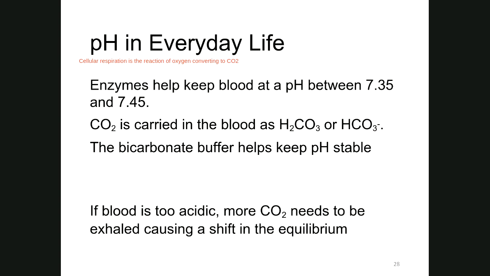That's what we exhale. We inhale oxygen, we exhale carbon dioxide. So in order for us to get rid of that carbon dioxide, it has to be carried through the blood. And so it gets carried through the blood as one of these two species. This first one is called carbonic acid. And then the next one you should recognize is the bicarbonate ion.